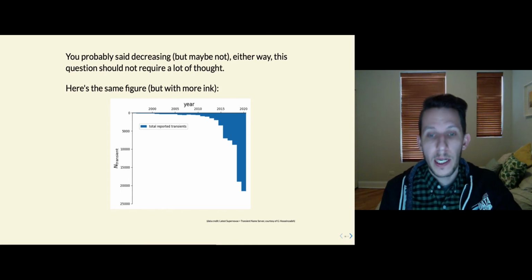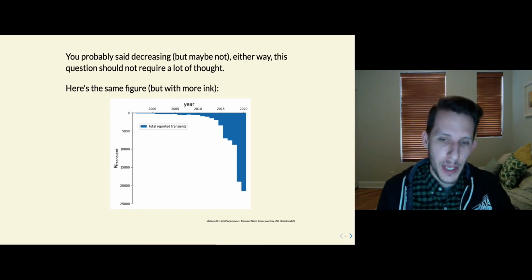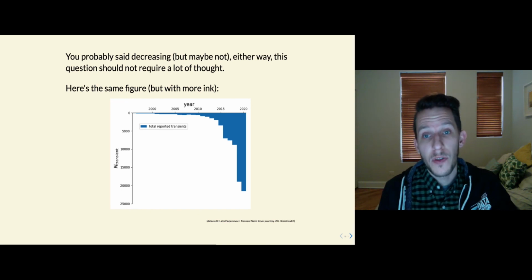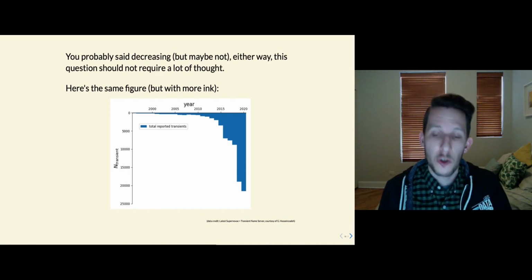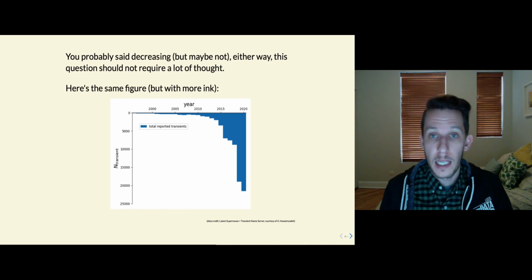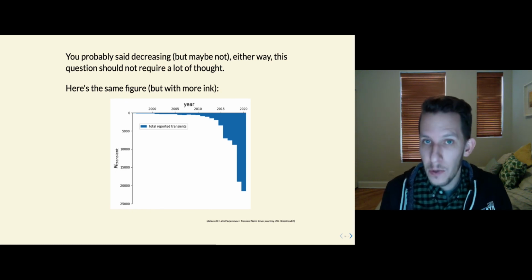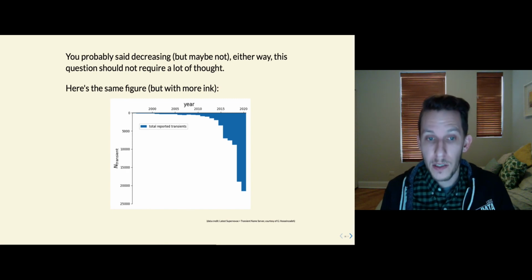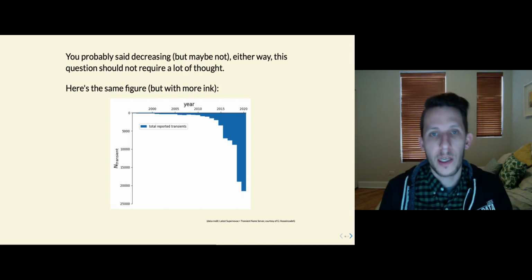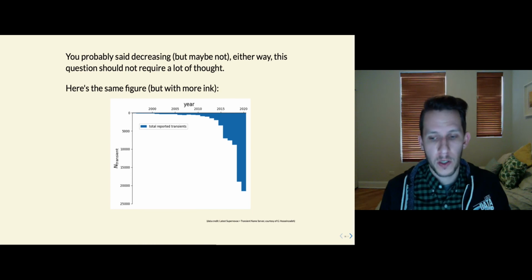Now, if you label the data and you label the axes, it's clear that the number of supernovae and transients being discovered is increasing as a function of time. But that's totally counter to what all of us would naturally expect when looking at something like a bar chart or a histogram.